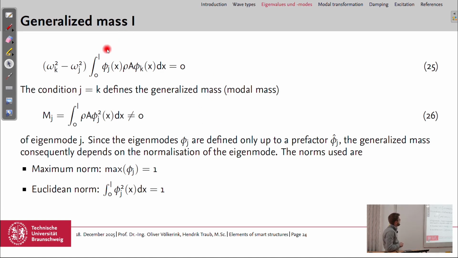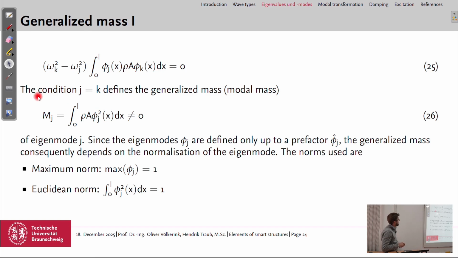And then we introduce another quantity. It's a generalized mass. We take this equation again, but now with the condition that j equals k, so both are the same eigenmode and have the same eigenfrequency.